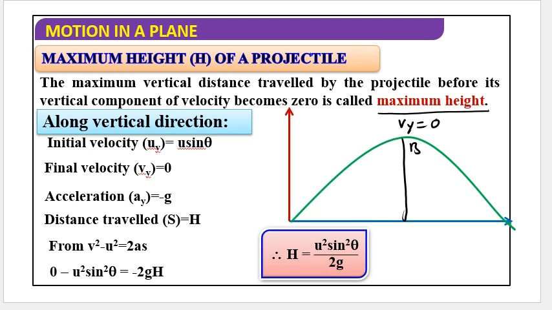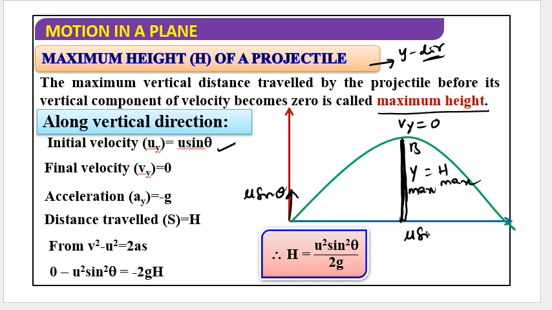So when the vertical component of velocity is 0, the y coordinate is maximum, and this y coordinate is nothing but the maximum height. Maximum height is also considered in the y direction. Along the y direction, the initial velocity is u sin theta, and the final velocity Vy is equal to 0.